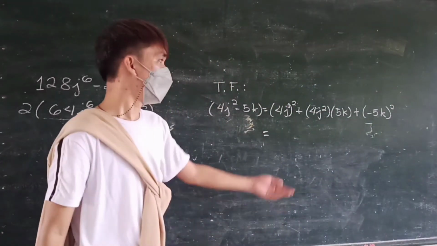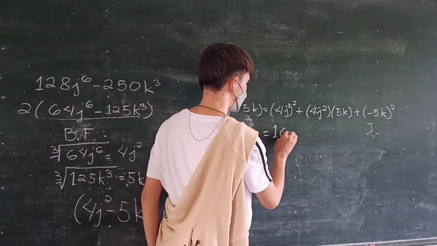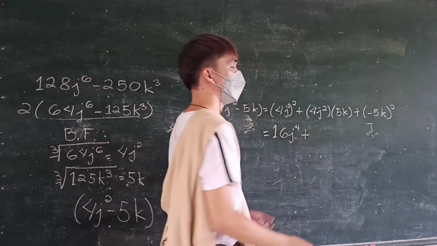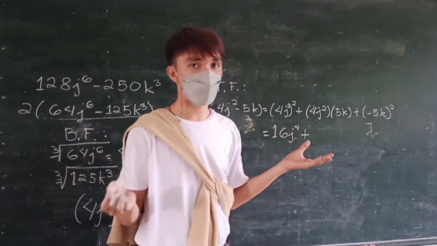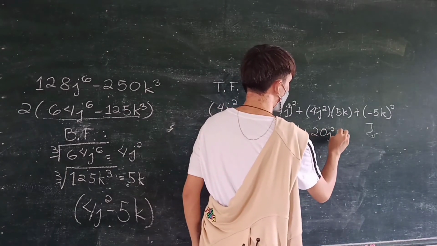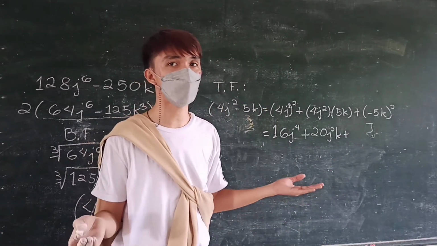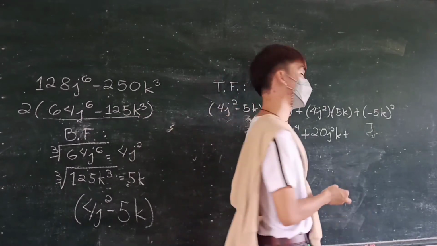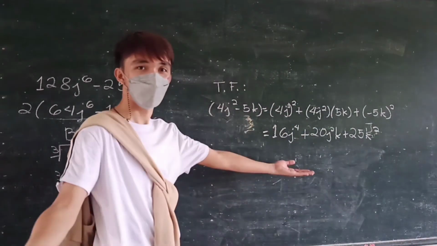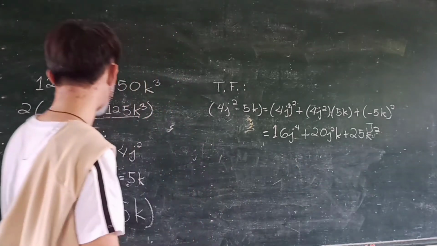Let's simplify. 4j squared times 4j squared equals 16j to the power of 4 plus 4j squared times 5k equals 20j squared k. And the last one, we have negative 5k times negative 5k equals 25k squared. We have now the trinomial factor. Now it's time to write its factored form. Let's not forget about 2.